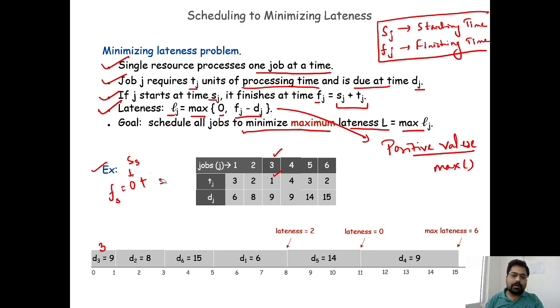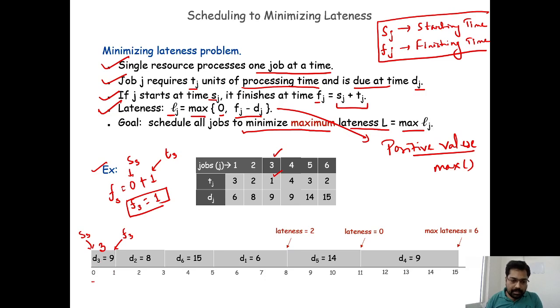T of 3 we found as 1. So F of 3 is equivalent to 1. Clear? This is F of 3, this is S of 3, and D of 3 is 9.